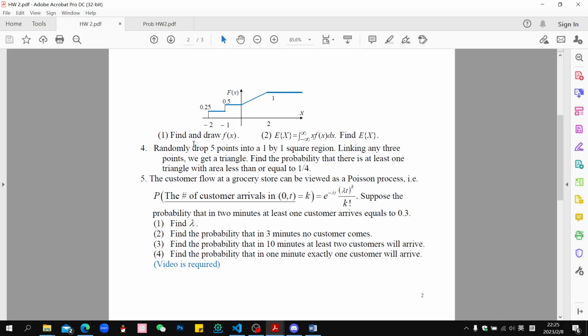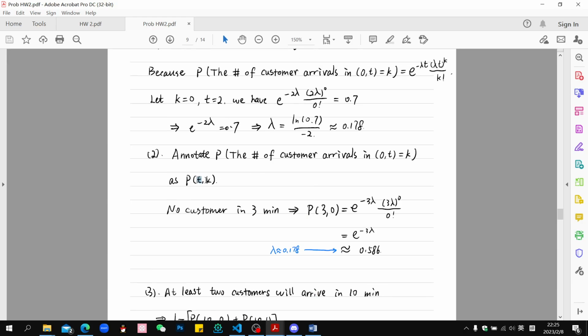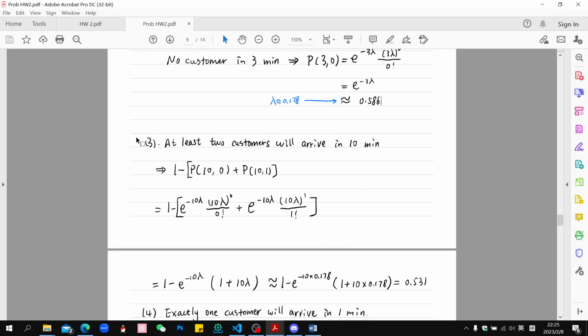So no customer comes in 3 minutes gives t to be 3 and k to be 0. And we calculate p(3,0) to be e to the power of minus 3 lambda. We put the number in, and we calculate it to be about 0.586.